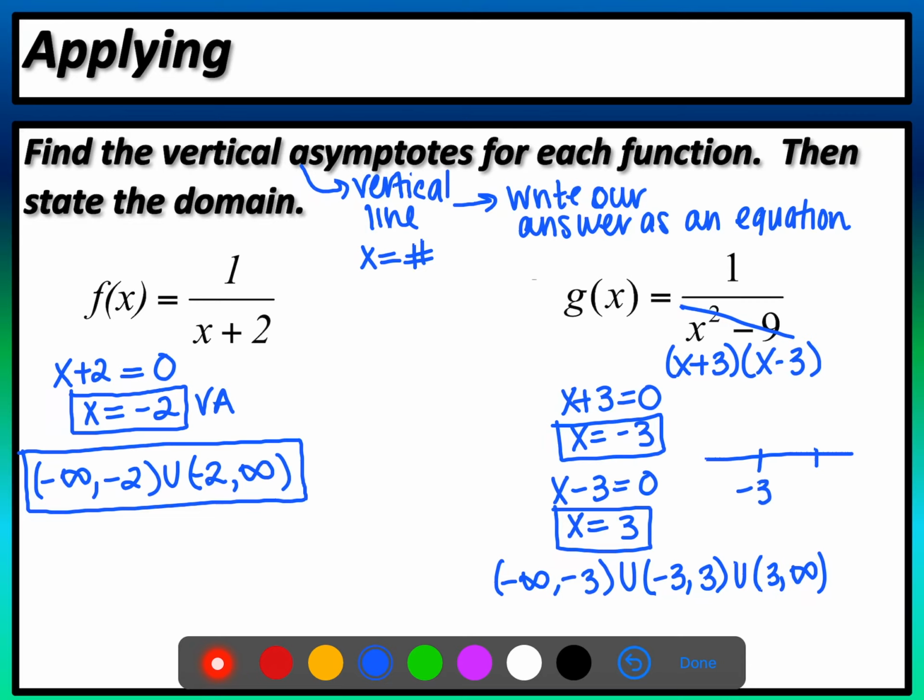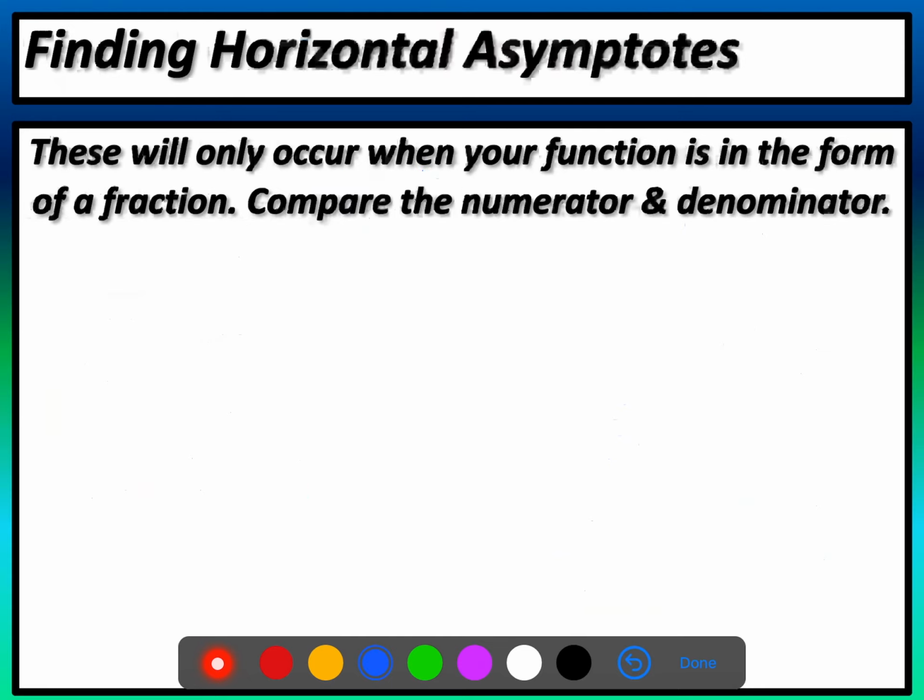Remember, you can still use your number line. This is what it would look like for this example. If that number line helps you come up with your domain, by all means, use that. Those are vertical asymptotes and putting those into our domain.